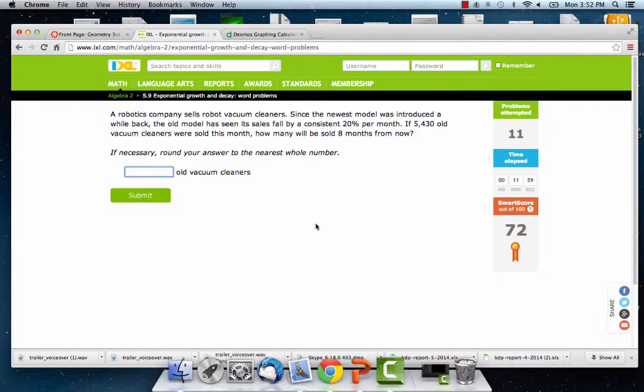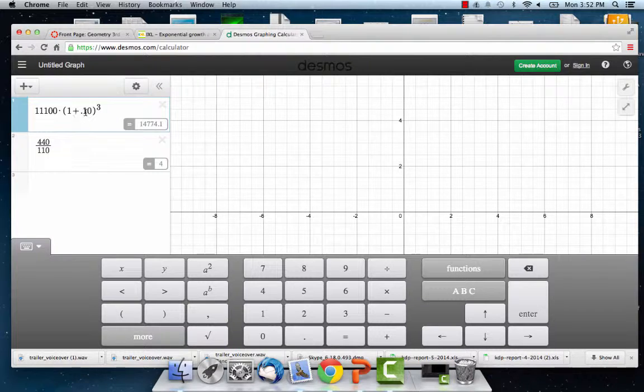Okay, a robotics company sells robot vacuum cleaners. Since the newest model was introduced a while back, the old model has seen its sales fall and decrease are the same, by a consistent 20% per month. So this part is going to be 1 minus, because it's falling, and it's 20%, so 0.20.